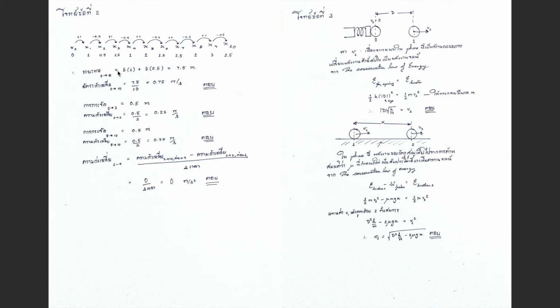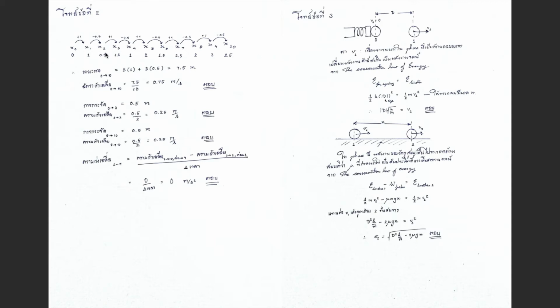But they ask us to calculate the distance, not the displacement, so we will take the absolute value. We will not consider the direction, just the magnitude. So we get 7.5 because 5 curves of 1 meter plus 5 curves of 0.5 meters. So 7.5 meters.